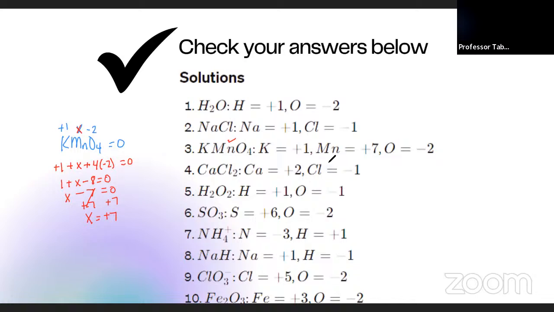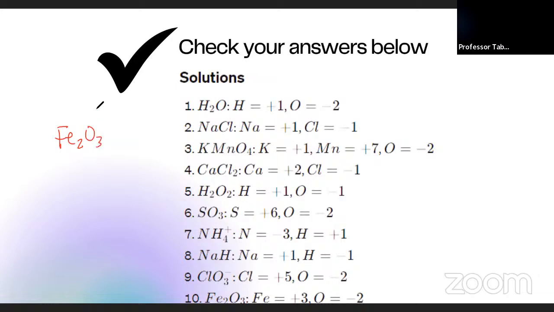Now, someone said, what about iron? Okay. So iron is one of those unique elements. And I know, again, we're looking at number 10, okay? Number 10, Fe2O3. So if we were to look at Fe2O3, okay, for instance, Fe2O3, and we wanted to find out, well, what is the charge on iron, okay?